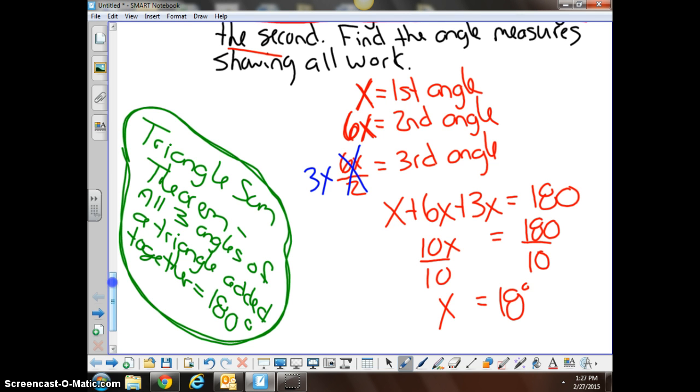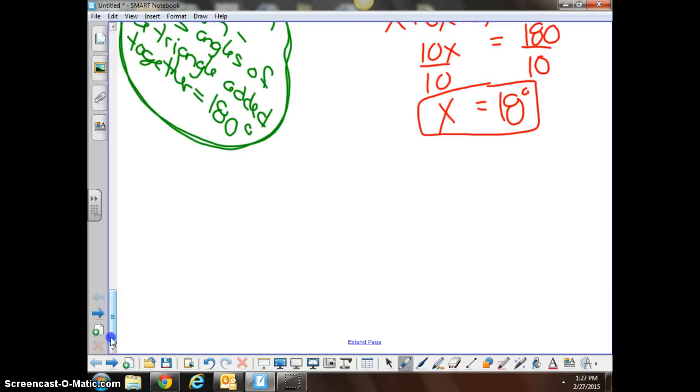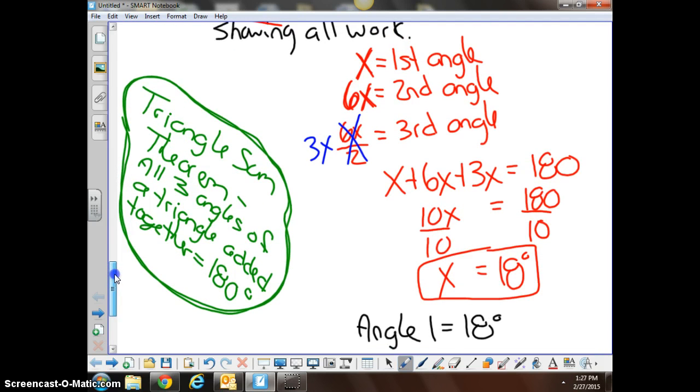Did you answer the question? No, you did not. It says find the angle measures showing all work. So, Robert, what is the angle measure of angle 1? 18. Angle 1 equals 18 degrees because as Robert told us right away, the first angle is x and we already know x is 18.